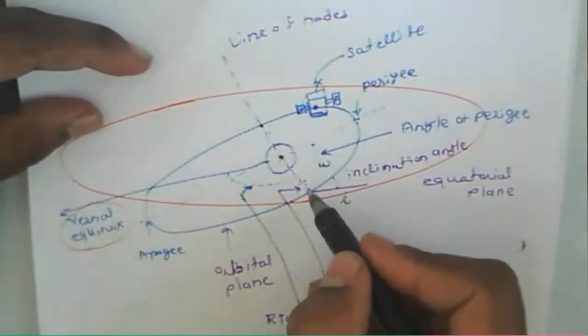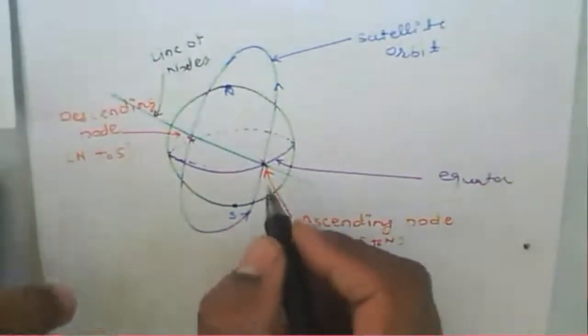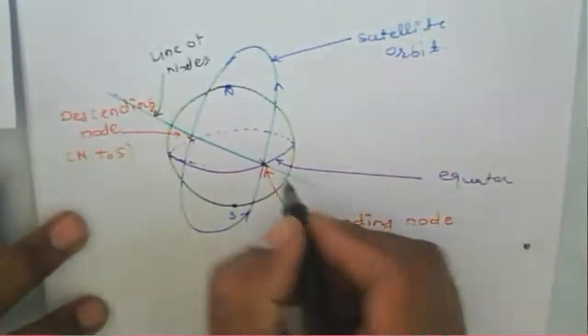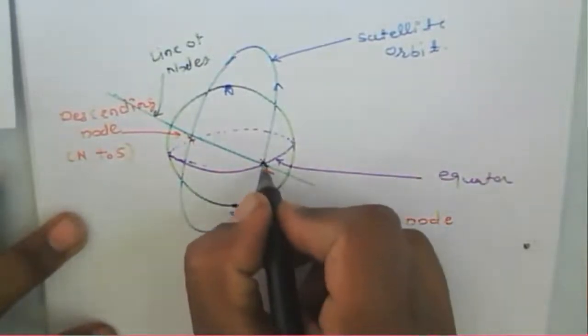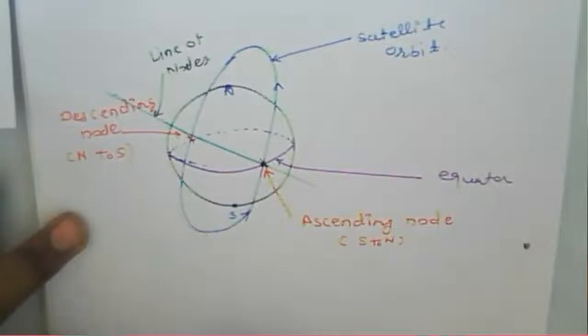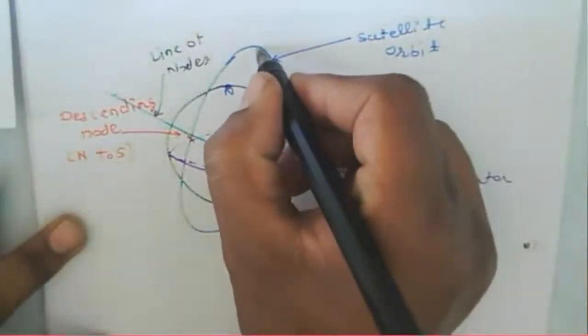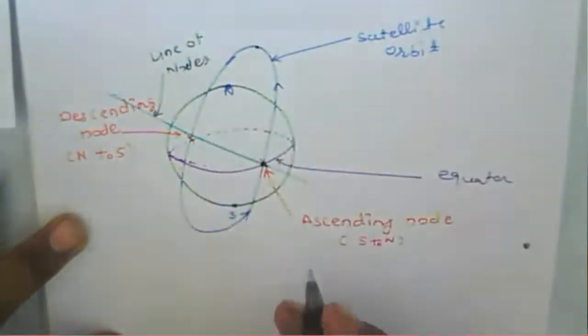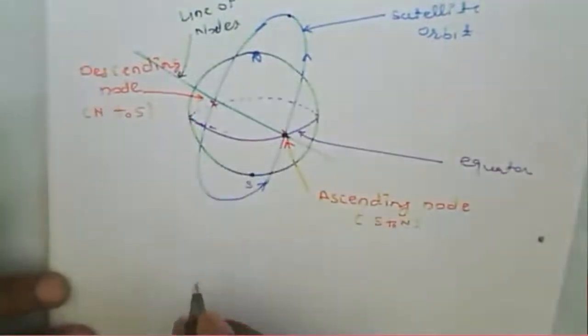Now this is the line of nodes, and this is the ascending node. Suppose we consider a point on this orbit which is nearer to the Earth.